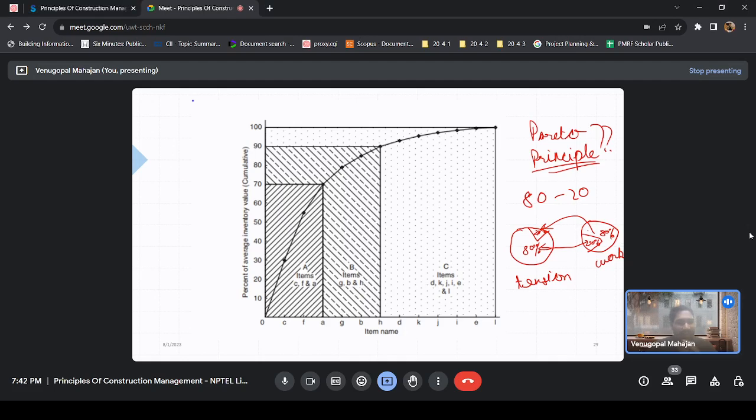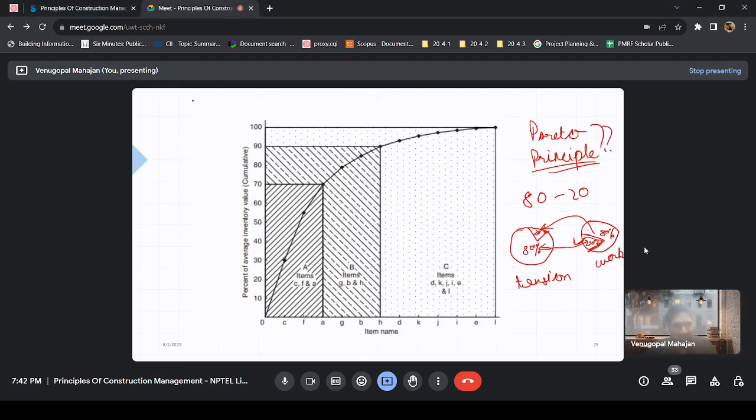So what did he decide? He said that okay, let me focus on this part. 20% of the work, right? Because it is giving him 80% tension.